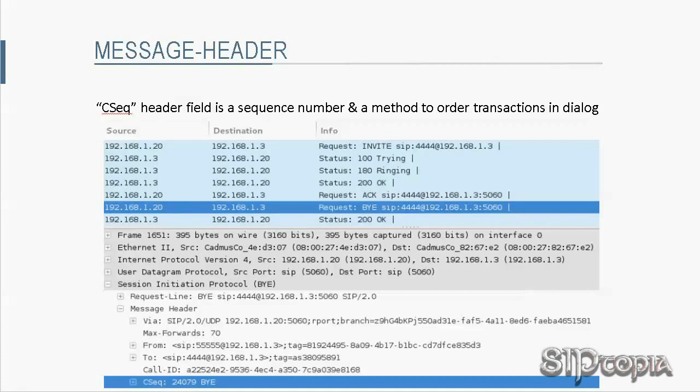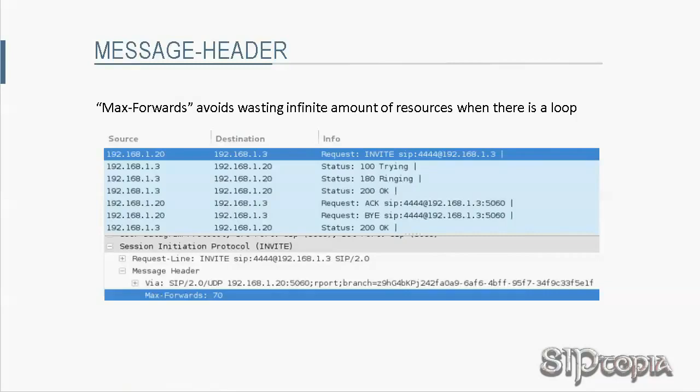Now the Max-Forwards header field in the SIP world serves pretty much the same purpose as the time to live mechanism in the IP world. After careful consideration, the default value of the Max-Forwards header field was chosen to be 70.